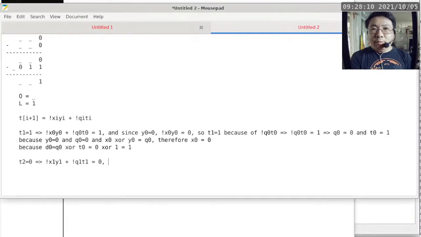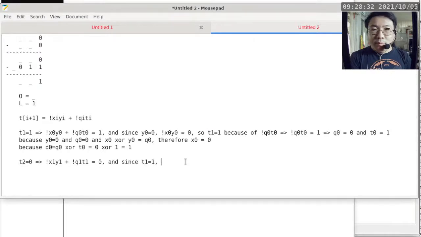Since t1 is known to be a 1 at this point, I'm looking at the order here because I figure out what is t1 from here. Okay, so I figure out what is t1 from, oh no, that's actually given. Never mind, brain fart, another brain fart.